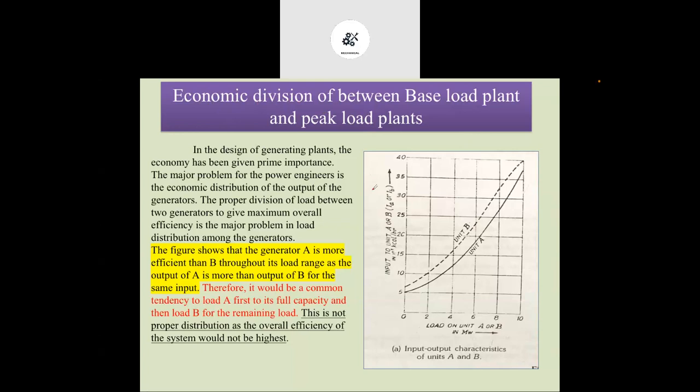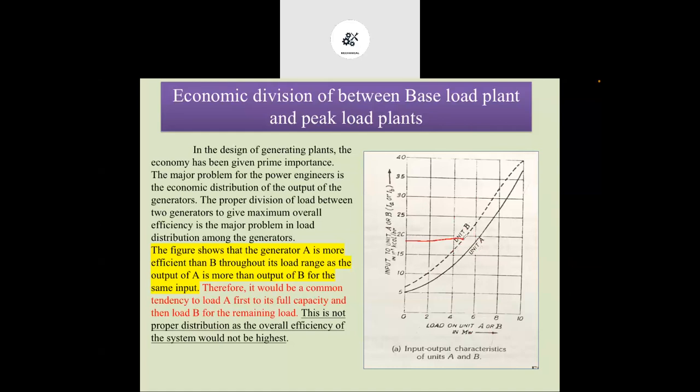When we combine all those power plants, we have to consider the overall efficiency. And if that overall efficiency is the maximum, then the power generation cost or the electricity cost will be the minimum. So for that, we have to study and analyze this economic division between the base load and peak load power plant.